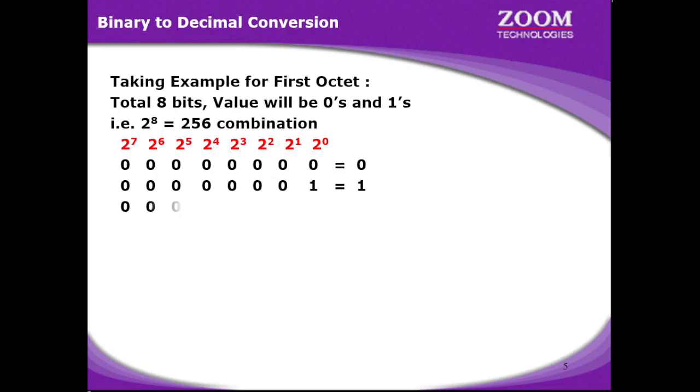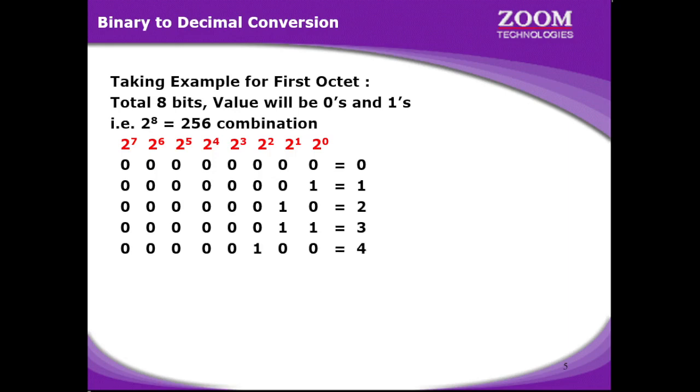Kapag 1, 0, yung 1 doon ay naka-on. So, when we multiply 2 raised to 1 is 2. So, ito naman, 1, 1 is 2 raised to 1 plus 1 is equal to 3. And so on and so forth, hanggang makarating tayo sa maximum possible number na meron tayo, na lahat ng 8 bits ay naka-on.